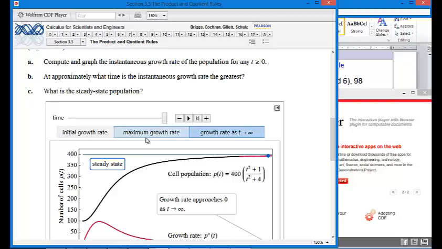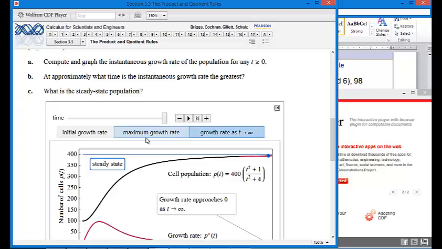Well, you need to compute the derivative, right? So let's do it. Let's compute the derivative of the function. I guess I need a new sheet of paper. And I need to write down the function. So let's see. We have P of t is 400 times t squared plus 1 over t squared plus 4. So there's P of t. And now I need to compute the derivative, right?